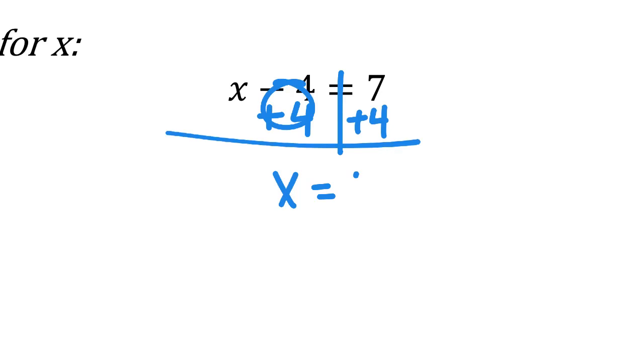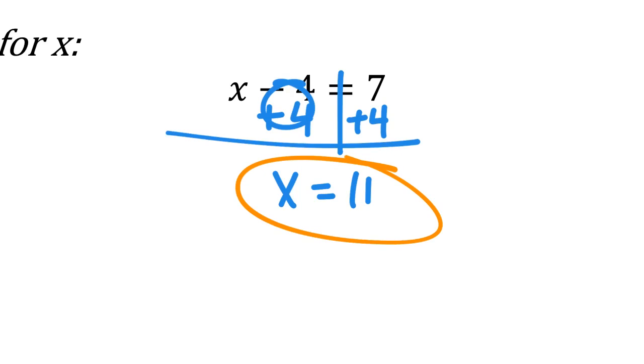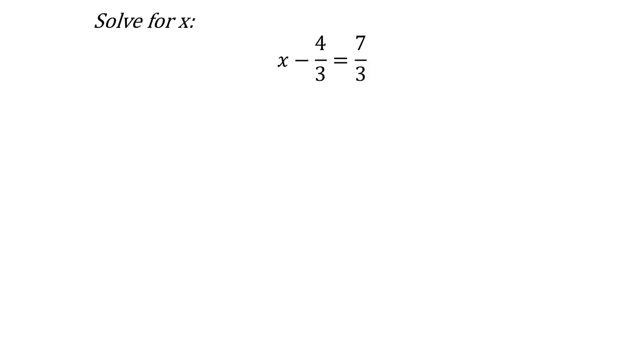So 7 plus 4 is 11. And again, you could check, right? 11 minus 4, what does it equal? Yes, it does equal 7. So that would work out, right? We check that off. So 11 would make that original equation true.